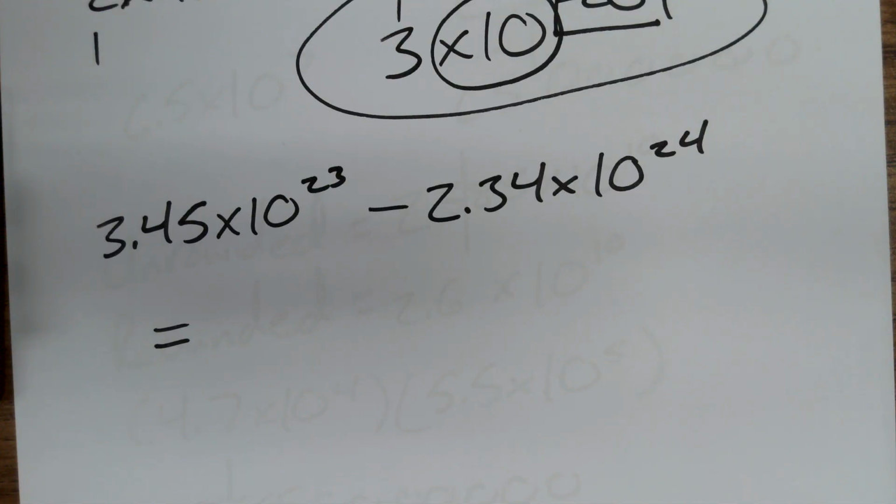No, it's 23, and minus 2.34 shift E 24. Yeah, that times 10. I think it doubles the effect and you get the wrong answer.